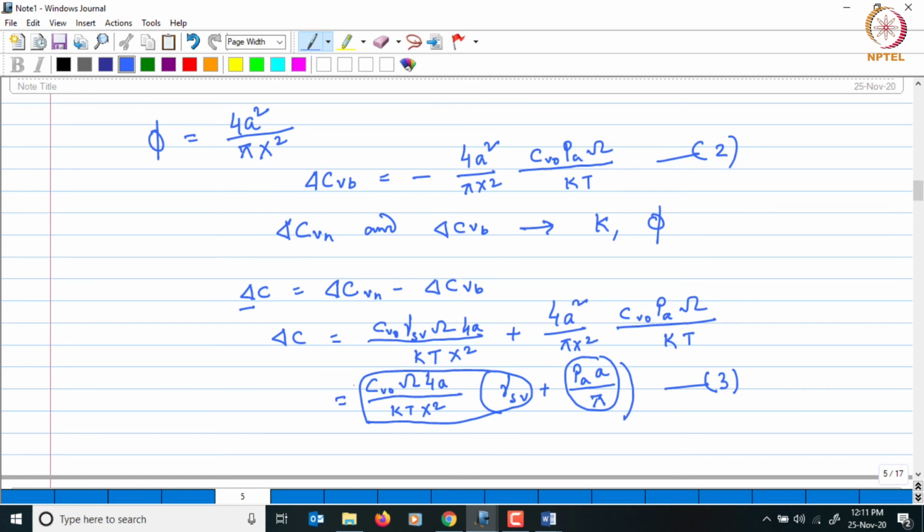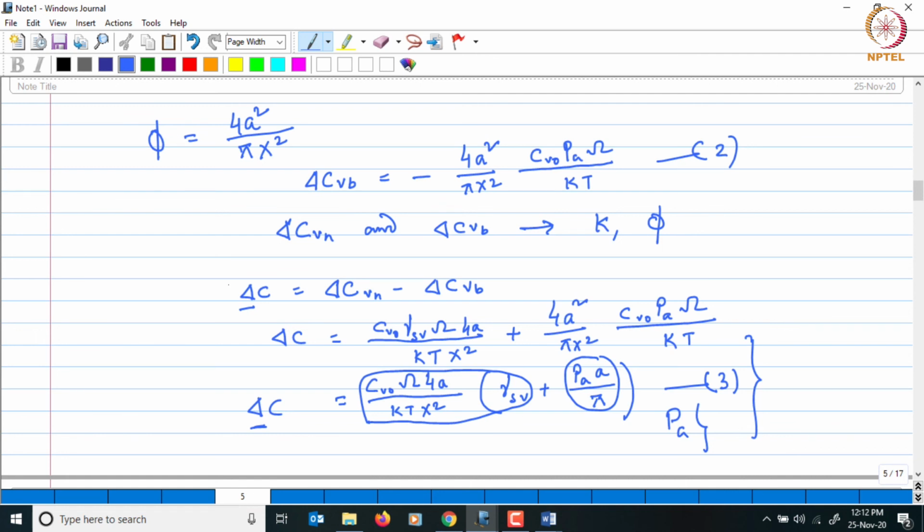This is due to the fact that now the sintering is being done under the applied pressure PA, and that is what is making a difference over here in terms of bringing an additional contribution to this vacancy concentration, and therefore an additional driving force is there when the sintering is done under pressure, okay?